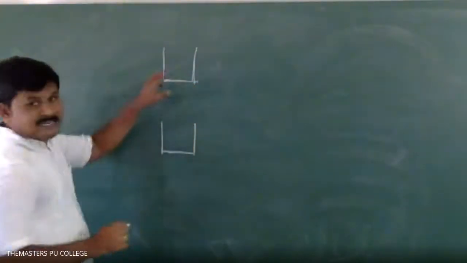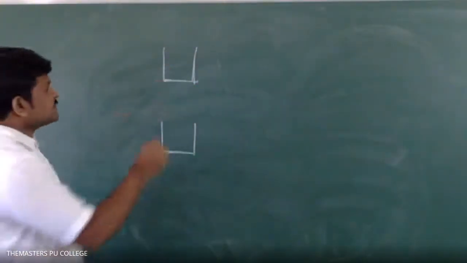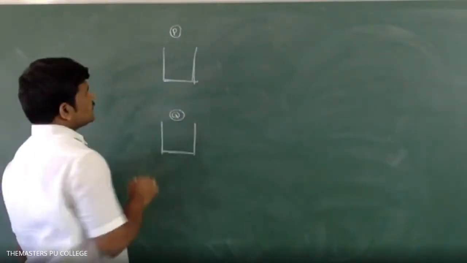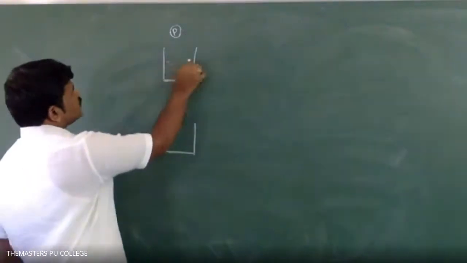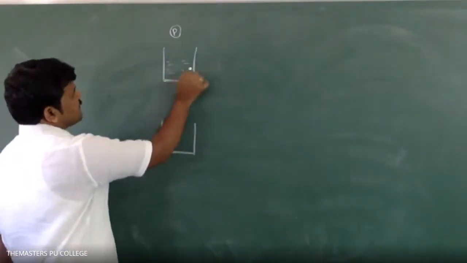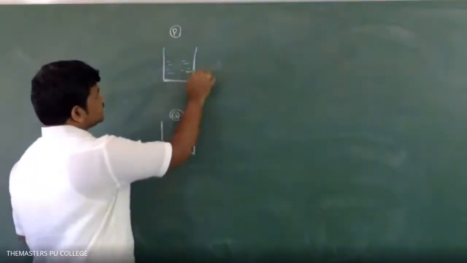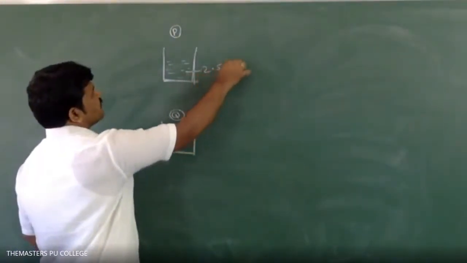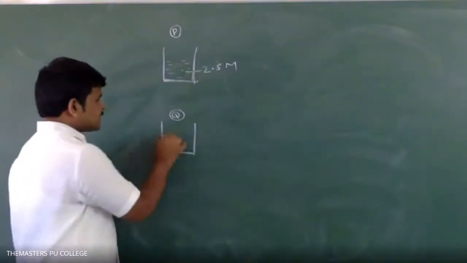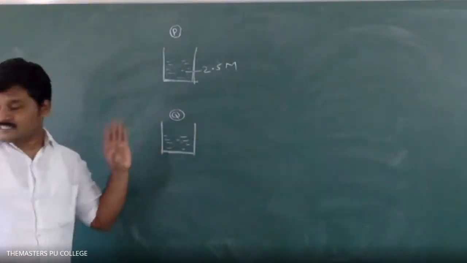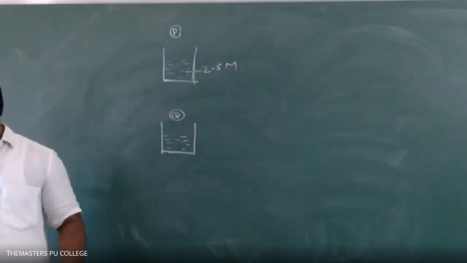This is one container, P, and this is another container, Q. In container P, we have a stock solution. Stock solution means we know its concentration, 2.5 molar. We don't know the volume, just the concentration of the solution.